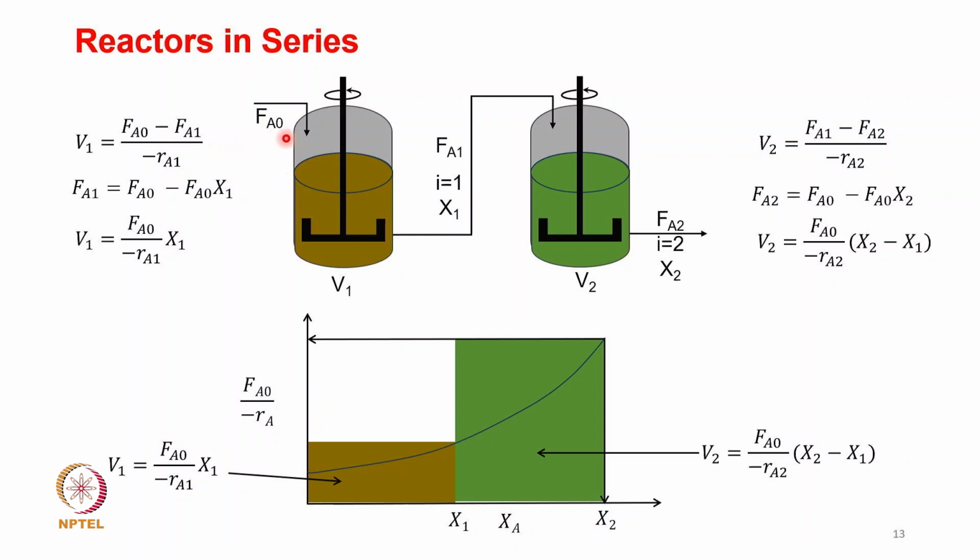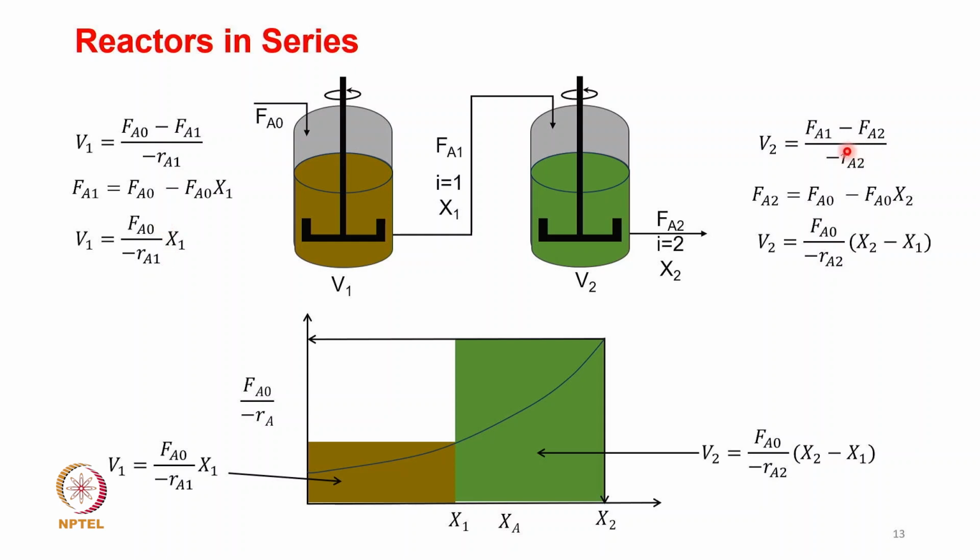V1 is equal to FA0 minus FA1 divided by negative Ra1, and what is FA1? As per the relation, FA0 minus FA0 times X1, and you will be able to evaluate V1 as FA0 times X1 divided by negative Ra1.